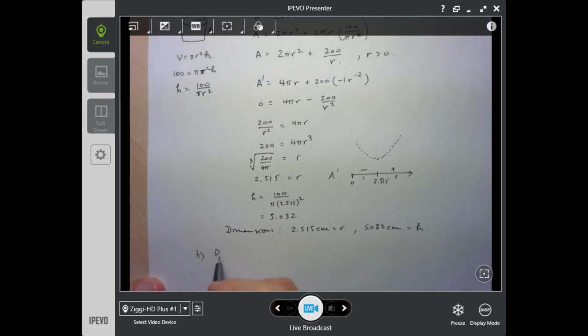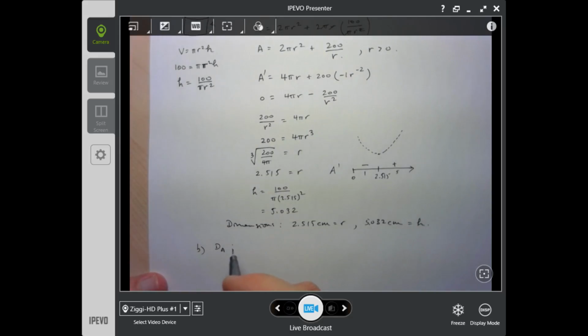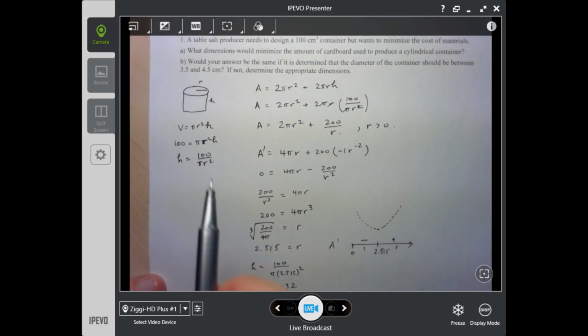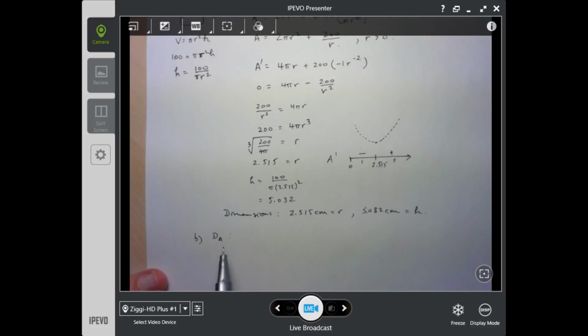All right, so let's just quickly finish off part B here, where now the domain of this function, the area function, is in terms of radius. The constraint is given as diameter, but of course we're working with radius.